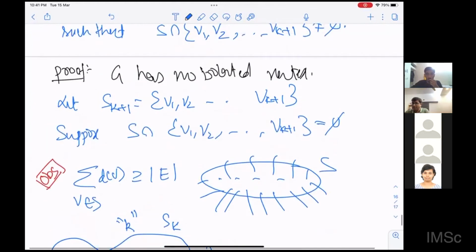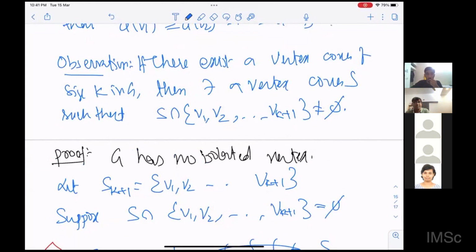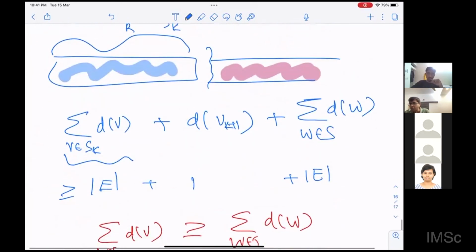So what we have shown by observation is that if there is a vertex cover of size at most k in G, then there is a vertex cover S such that S intersection this is not equal to it.